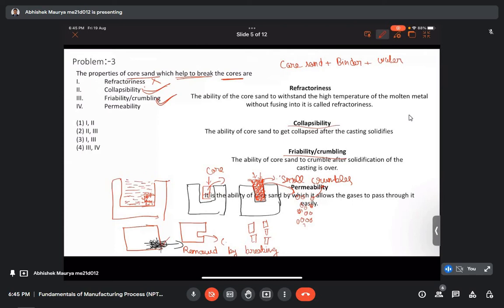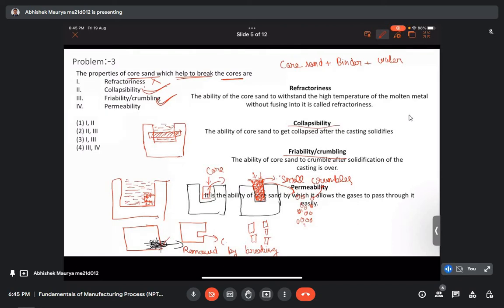So let's see. Suppose we have a mold like this, and we have a core here, and it is filled above with molten metal.